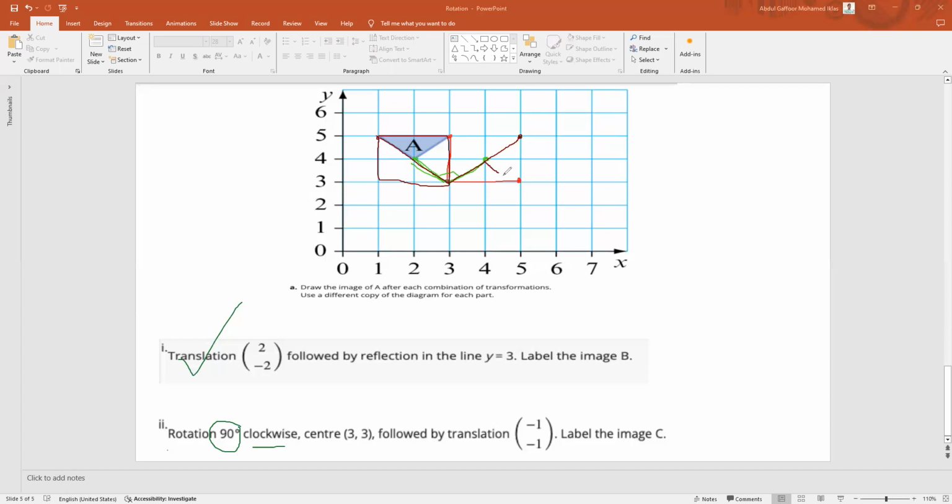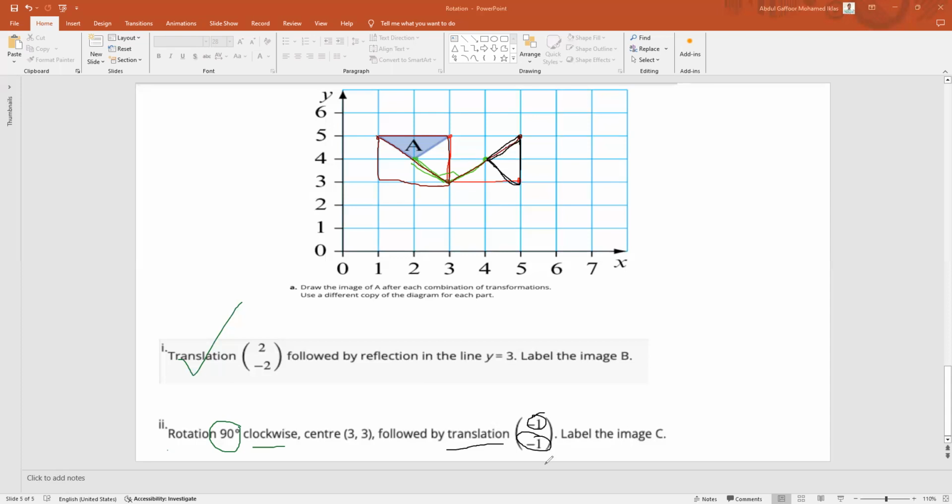Let me use black color. This will be the new position after rotation. Then they are telling us that after the rotation, there is a translation by the column vector (-1, -1).